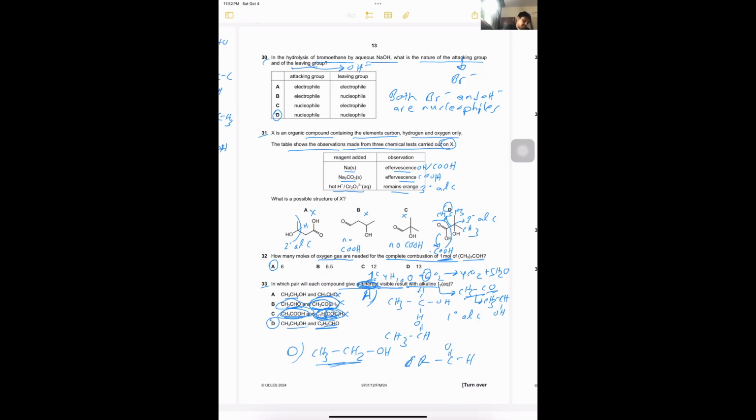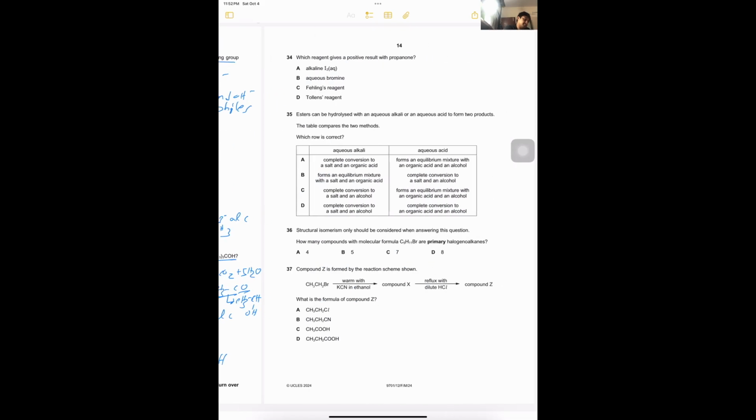So that should be your answer. Okay, I actually made one mistake. So here, there is no alcohol. There is a CH3. Both are going to give a positive result. Actually, I missed this. There is an alkyl group, and there is an alkyl group with CO. So yes, that should be D.